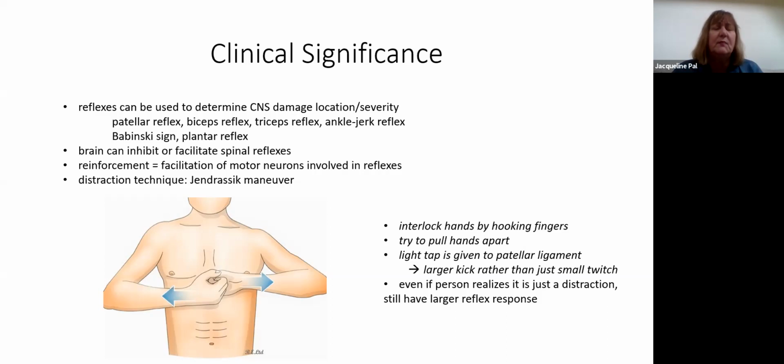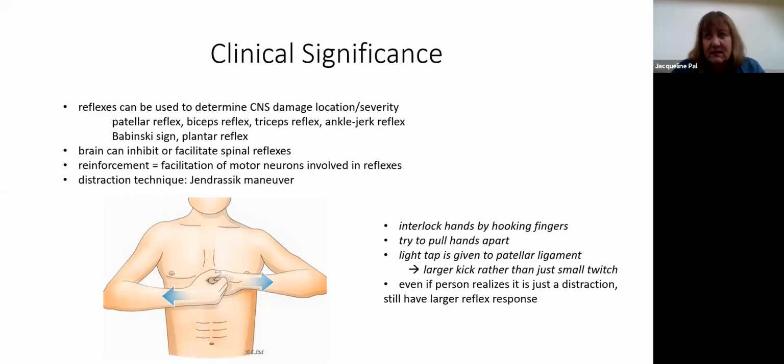It's one of the examples of distraction techniques. For this one, you interlock your fingers like this, and then you pull them apart, or you attempt to pull them apart, keeping your digits flexed while somebody is testing, for instance, lower extremity reflexes. And this works even if you know you are being distracted, okay?